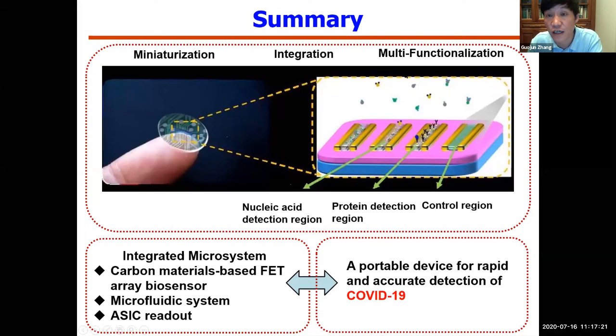And finally, we will do multi-functionalization. Hopefully, we can have a nucleic acid detection region here, and the protein detection region, and control region. And we can combine carbon material-based FET array biosensor with microfluidic system and ASIC readout. Hopefully we can fabricate a portable device. This device can be used for rapid and accurate detection of COVID-19.